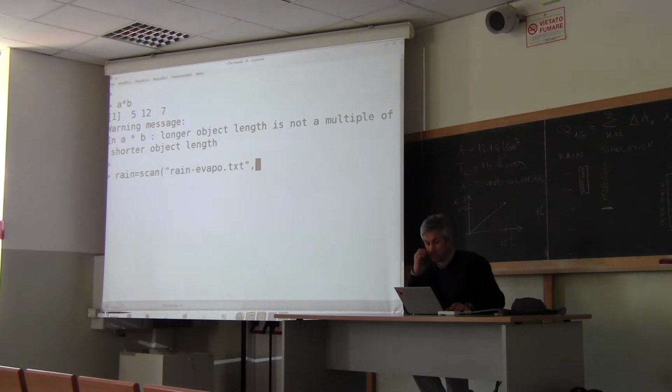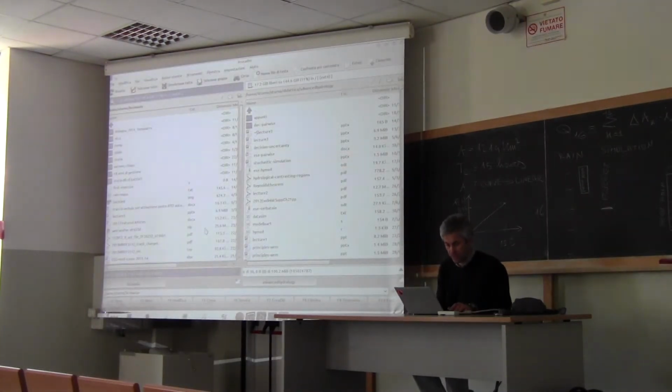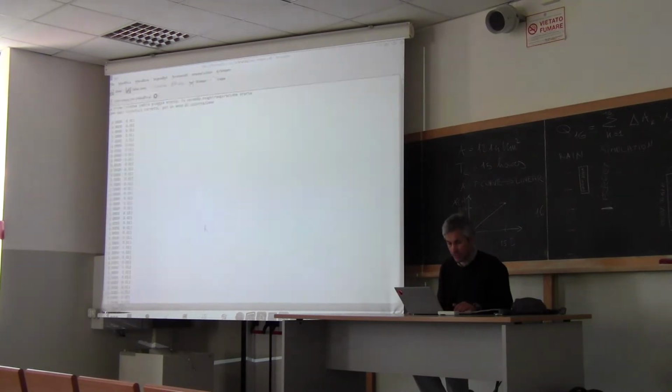Let me go back to the file and have a look at how it behaves. And this is the file that we are reading. You see, in the first 2 lines we have characters, and then we have an empty line. So we have to skip these first 3 lines, otherwise it gives an error.